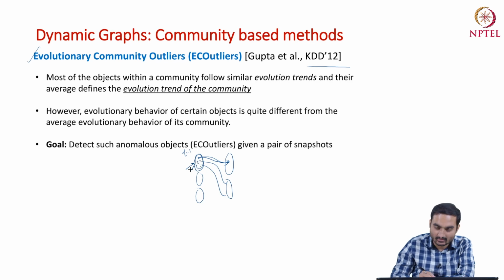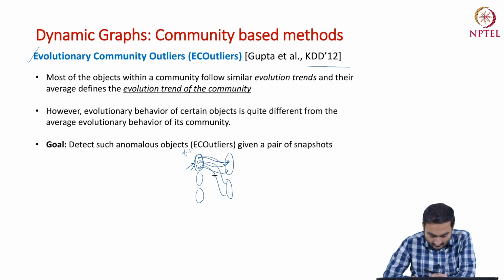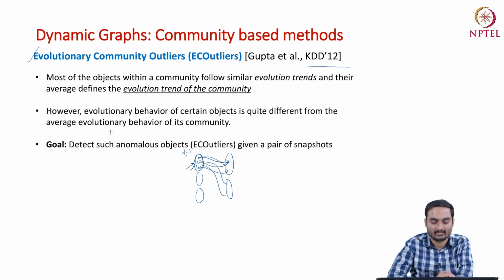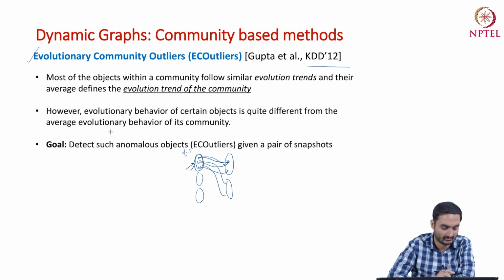If other nodes also behave similarly, they would also move to this community. But if there is any change in the evolutionary behavior of certain objects, then we say that this community is basically an outlier community.